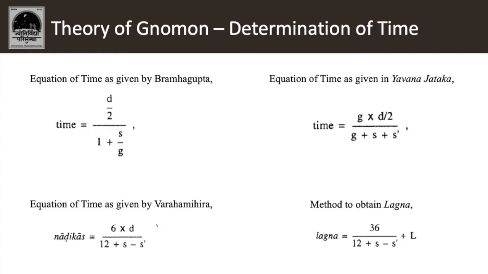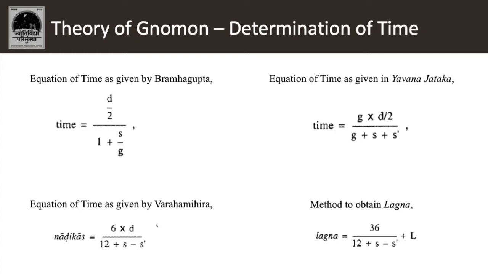And in the denominator, there is an extra term which has been added, which is S dash, or S prime you can call it. S prime is the shadow of the gnomon at midday. Normal S is just the shadow of the gnomon at that time, but S dash is particularly the shadow at midday, at 12 p.m.